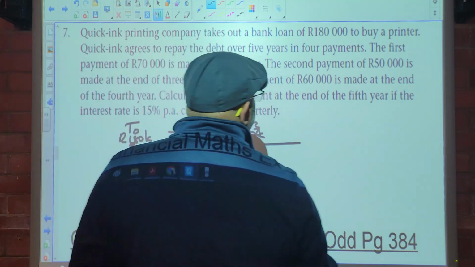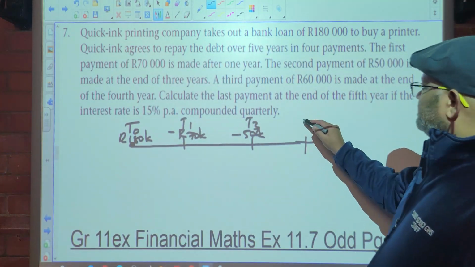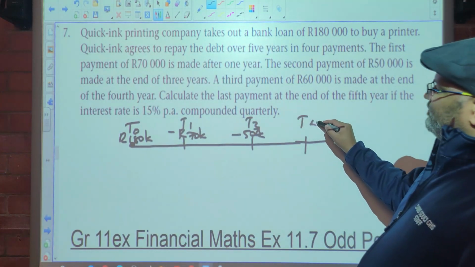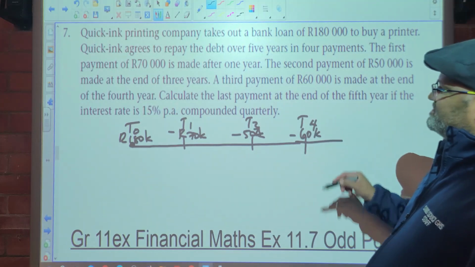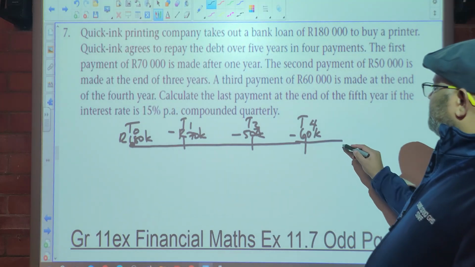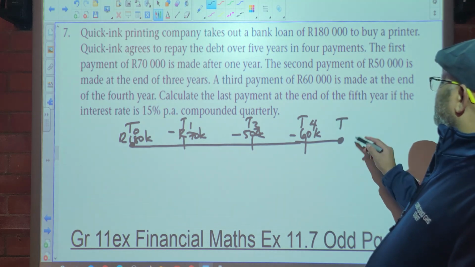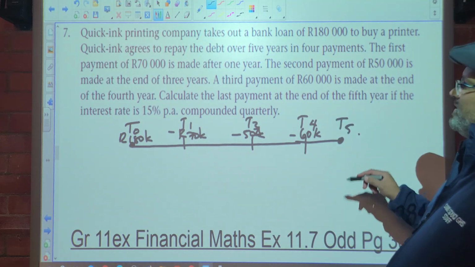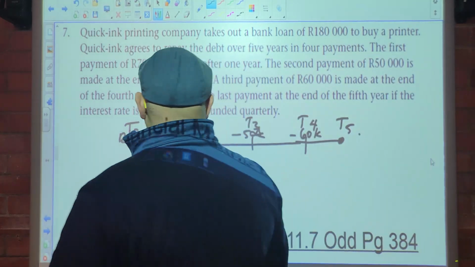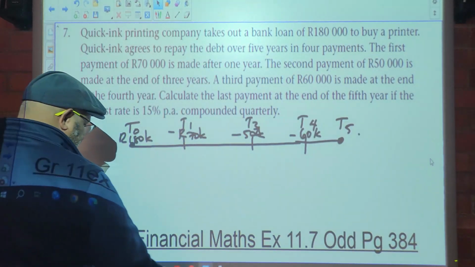The third payment of 60,000 rand is made at the end of the 4th year. Calculate the last payment, the payment at the end of the 5th year, if the interest is 15% per annum compounded quarterly.